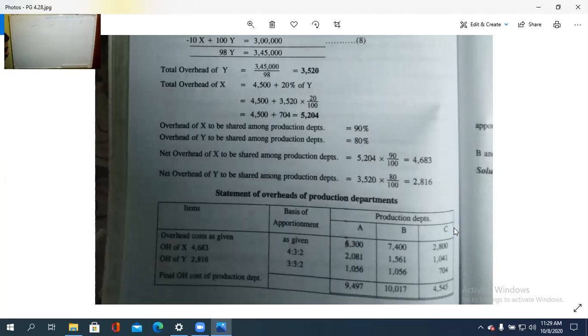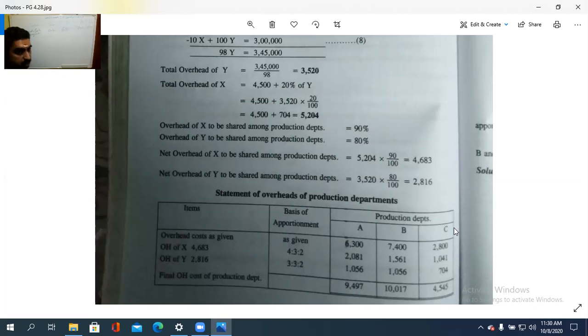So the overhead cost as given, on the basis as given: A is 6,300, B is 7,400, and C is 2,800. These three items are given. Now the net overhead of x and net overhead of y that we found earlier are to be shared.